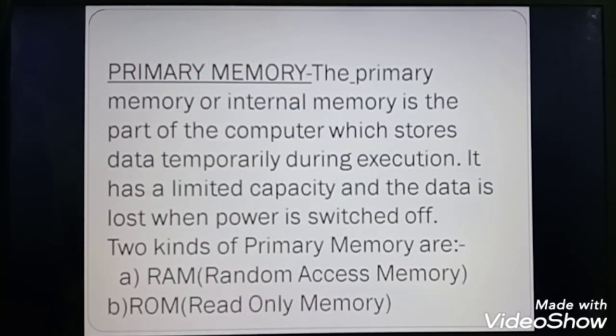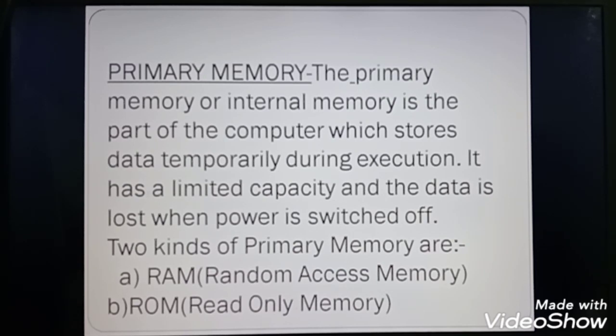The primary memory or internal memory is the part of the computer which stores data temporarily during execution. It has a limited capacity and the data is lost when power is switched off. So what is the work of primary memory? It stores data temporarily, which means for a short-term basis.